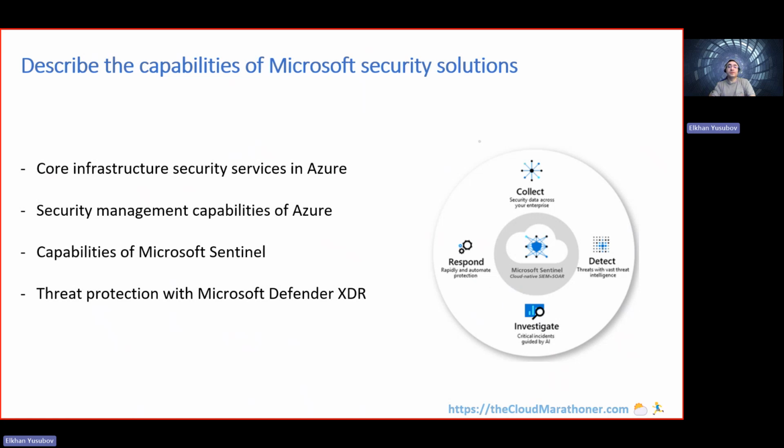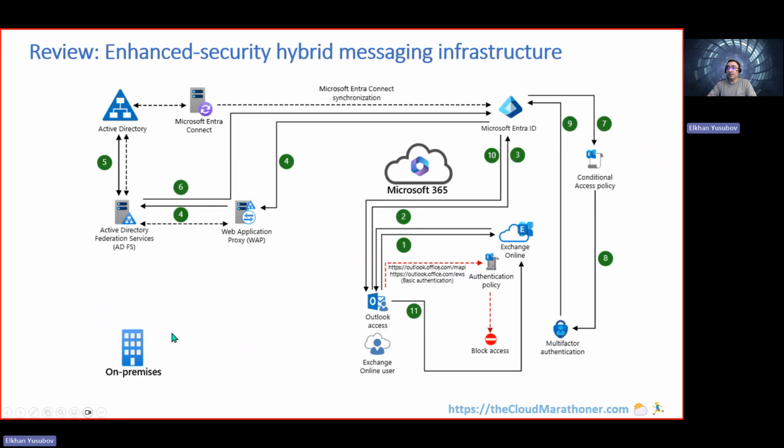To respond to those incidents, you can build rapid orchestration and automation for commonly seen security risks and threats in your environment. Microsoft Sentinel can help you enable that end-to-end security operation by automating all these phases. Okay, now let's review this diagram.